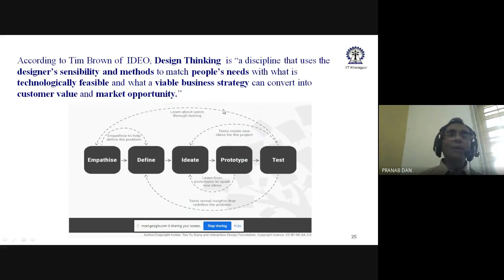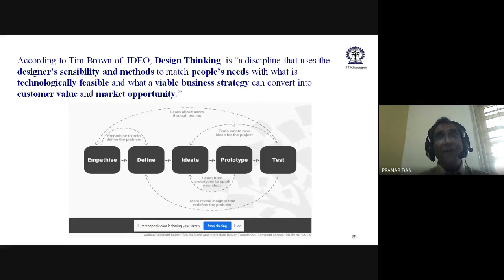Acha, this is one important thing. Maybe you can just look at it later, but this is very important, that Tim Brown of IDEO has proposed, and it originated at Stanford. This concept, the design thinking process, has 5 steps. Empathize, that means what the user actually needs, the requirement analysis kind of thing.